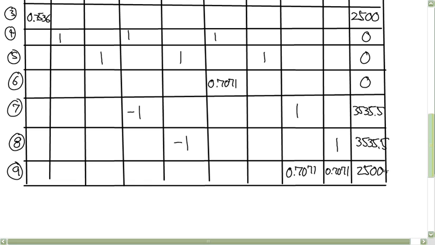Has anyone already solved that? Okay, can someone punch that in? I guess I don't have that written down.